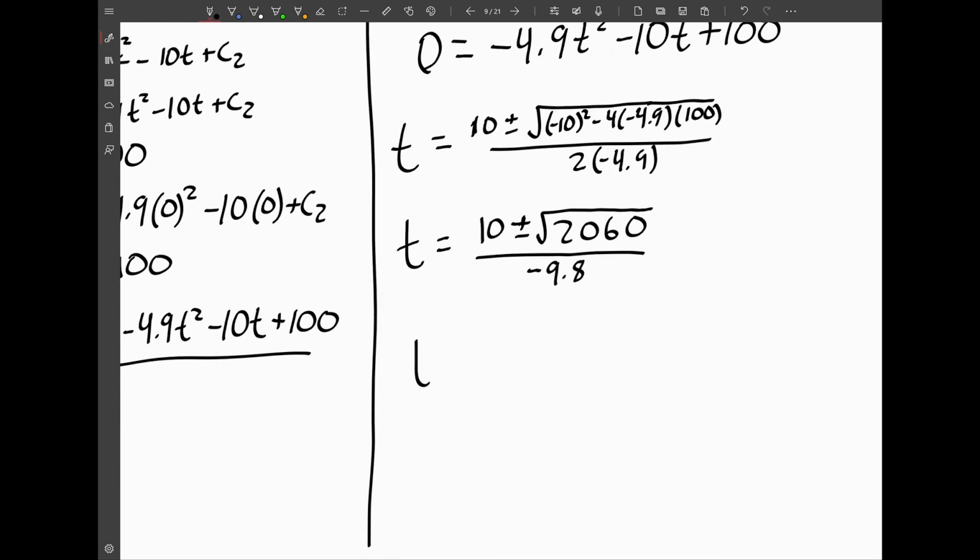Or if we're lame and we want to bust out calculators, I suppose we could say that that is the same thing as negative 5.7 and 3.6.